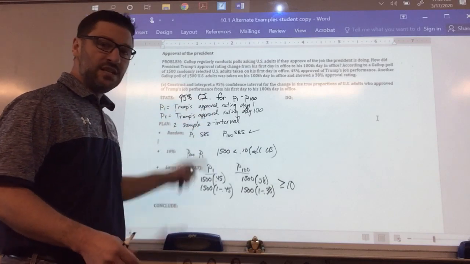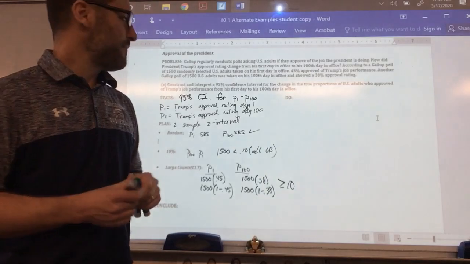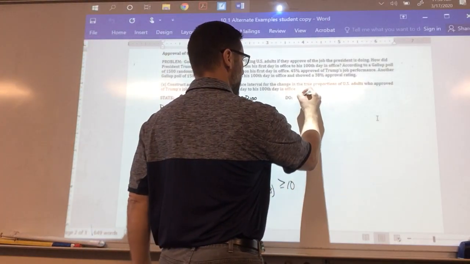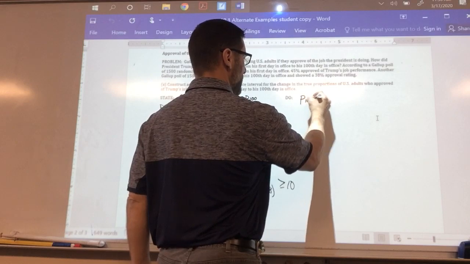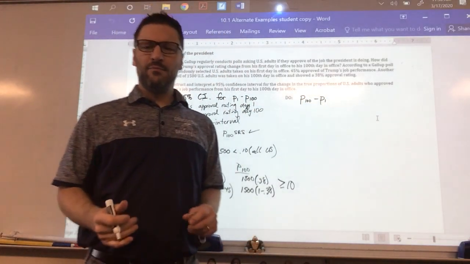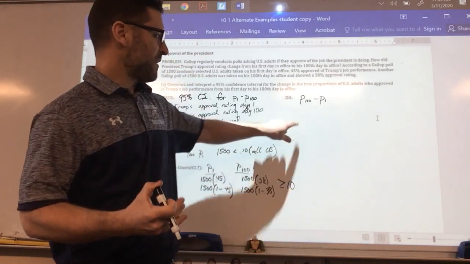So we have our problem stated and our conditions met. The next thing will be to find our confidence interval for P100 minus P1. Before I get started, here's what I would expect.